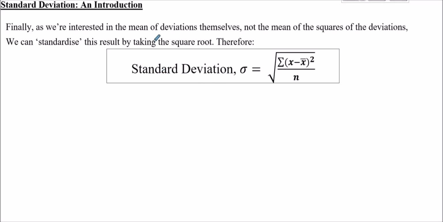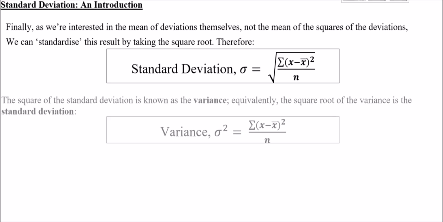So that's how we do it. Now, if you square the standard deviation, this does actually have some uses as well. So the square of the standard deviation is called the variance. The other way around is you can think of the standard deviation as being the square root of the variance.